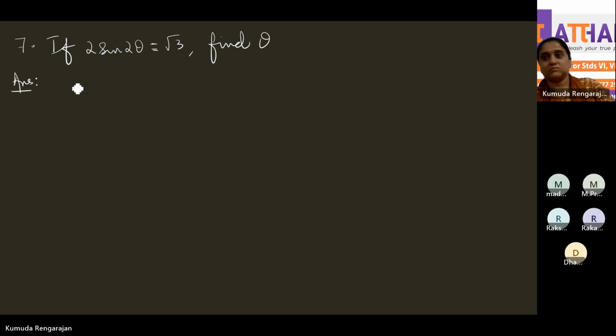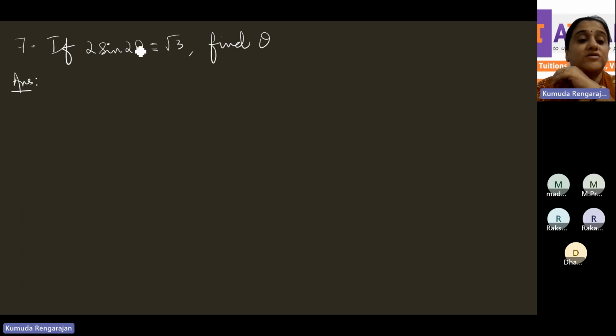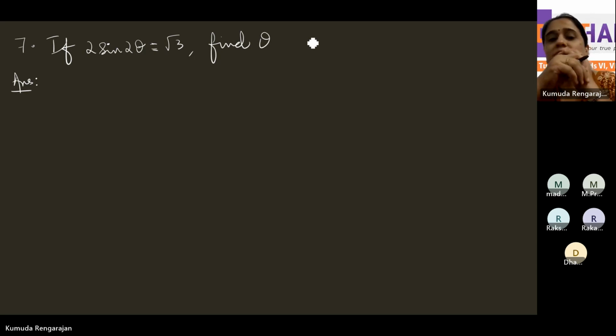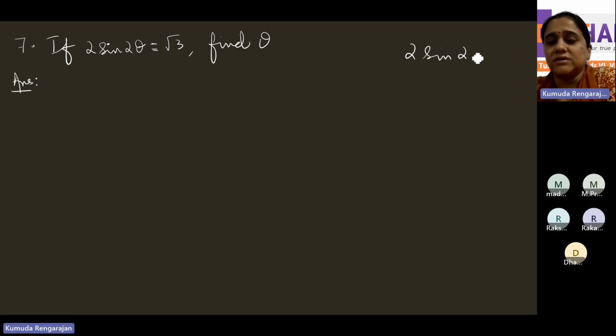If 2 sine 2 theta is equal to root 3, find theta. Now, children, we need to understand this expression. See here, this means 2 into sine 2 theta.